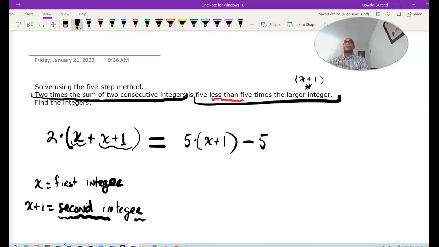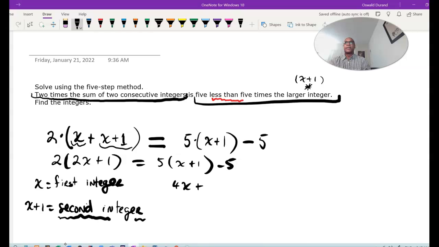All right, so next step would be 2 times, and then x plus x is 2x, and then plus 1, equal to, and here I'm just going to rewrite the whole thing, 5 times x plus 1 minus 5. Okay, and then you use the distributive property, and that's 4x plus 2, equal to 5x, 5 times x, plus 5 times 1, which is plus 5, minus 5.